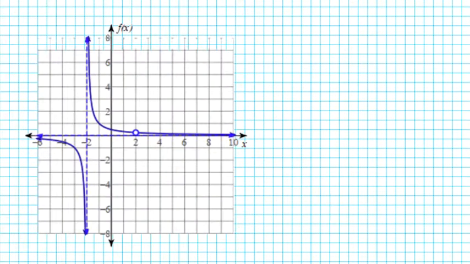Okay, let's take a look at question number 2. For question 2, you're to find the limit as x approaches 2 of x minus 2 divided by x squared minus 4. Using the graph, you take a look at this limit right here. There's no direction specified, so we're going to be approaching from both sides.